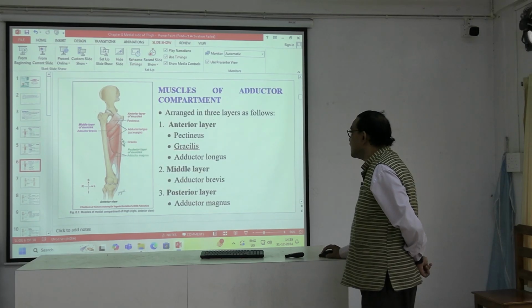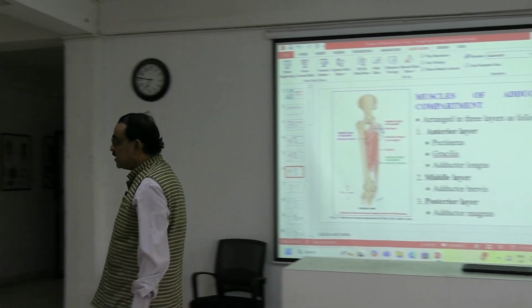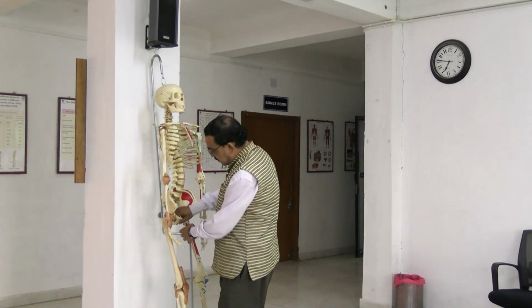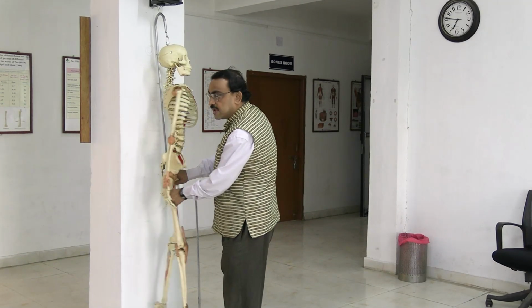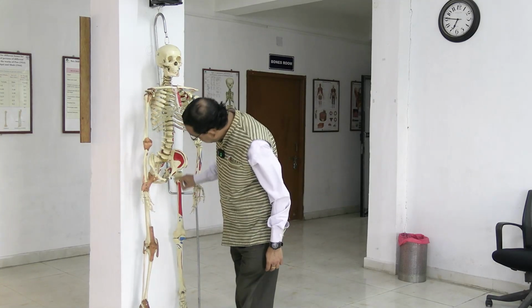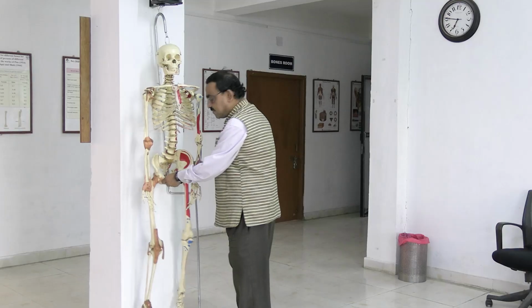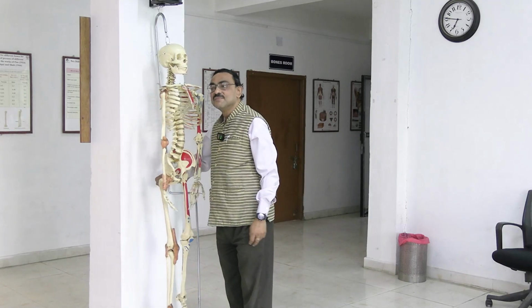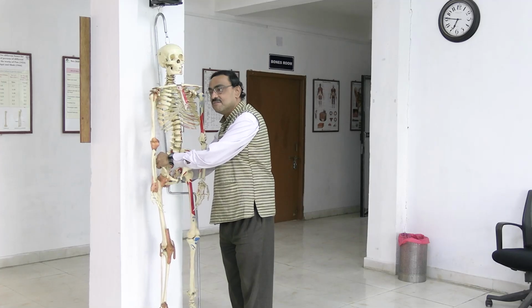And most medially we can see this is also taking origin from the pubis, and there is the conjoint ischiopubic ramus. Okay, we have some idea I think about the conjoint ischiopubic ramus. This is the pubis, this is the ischium, this is ilium, very good.